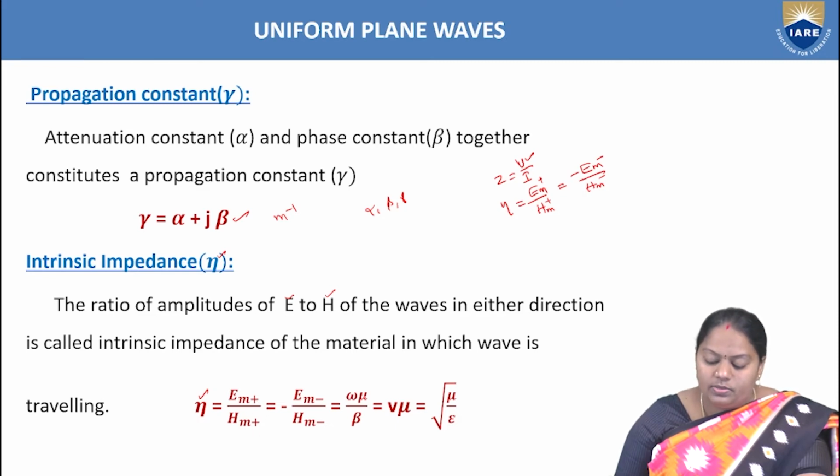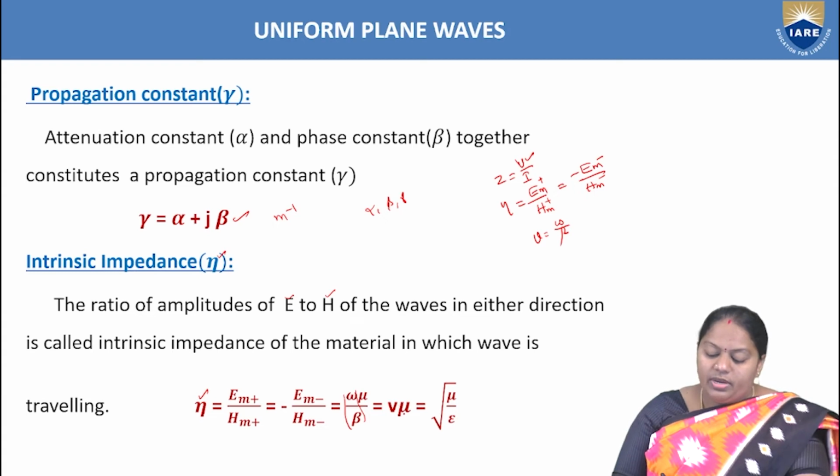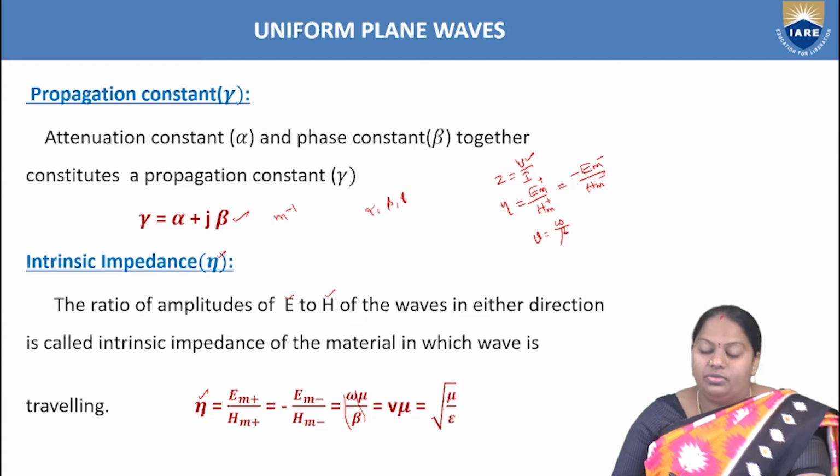If you substitute these terms, the result is obtained as omega into mu by beta. Here omega by beta is defined as the velocity, V equal to omega by beta. So the relation is eta equal to V into mu, where V is the velocity of the wave, which in free space is 1 by root of mu epsilon.